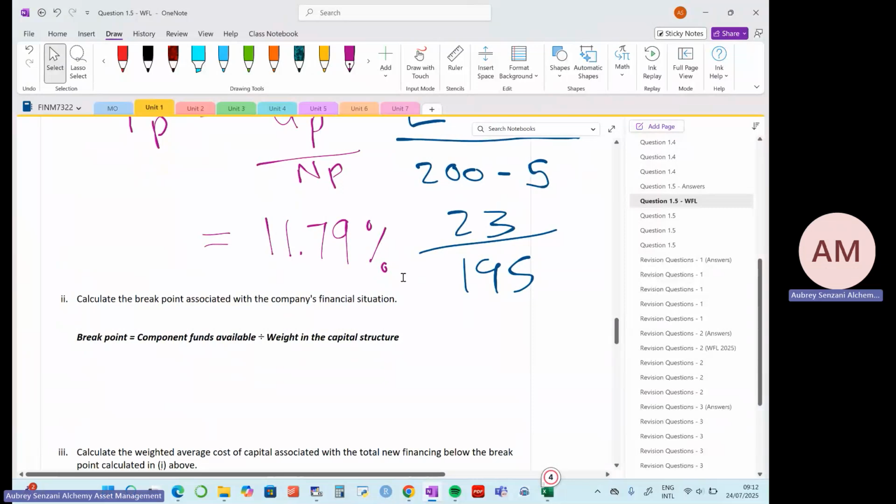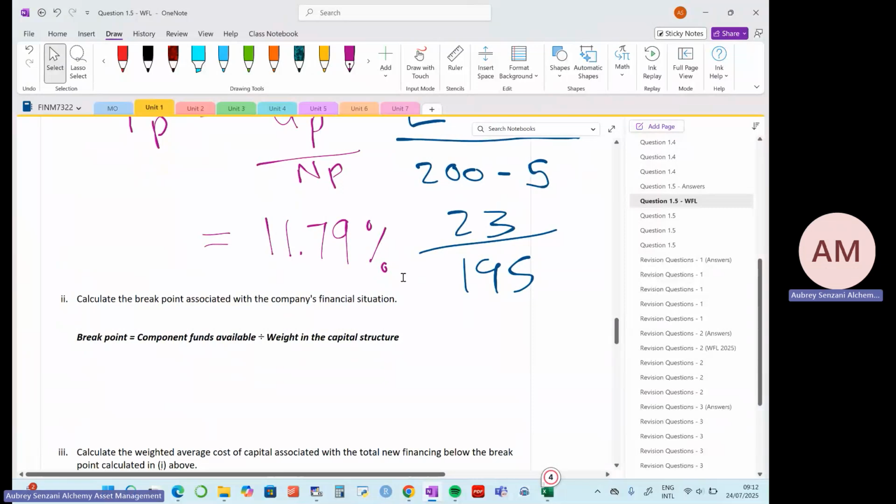This is the formula here, just above the example. They're talking about break point. So it's your component funds available divided by the weight of the capital structure. So only where you have a limitation of the available funds are you going to do this calculation.